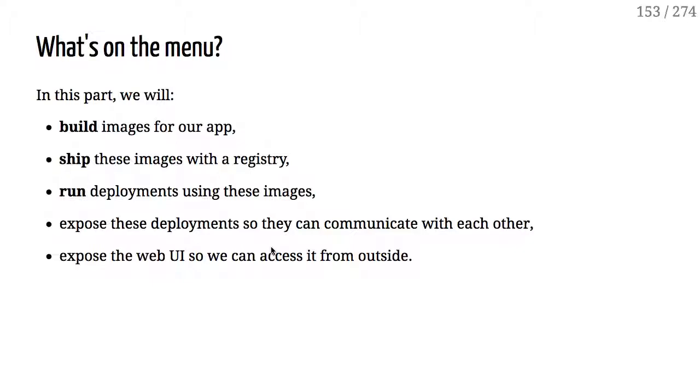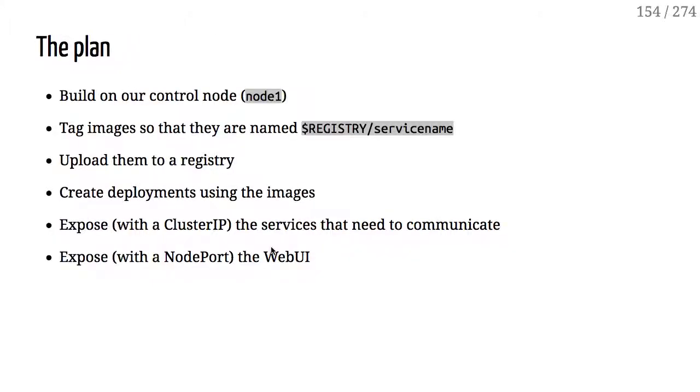But here we are going to see exactly what build, ship, and run corresponds to. We are going to build the images for the app. Then we are going to ship them to a registry. And then we are going to run deployments using these images. And then there will be a few extra steps about exposing the deployments so that the services can talk to each other, and exposing the web UI so we can see the blue graph.